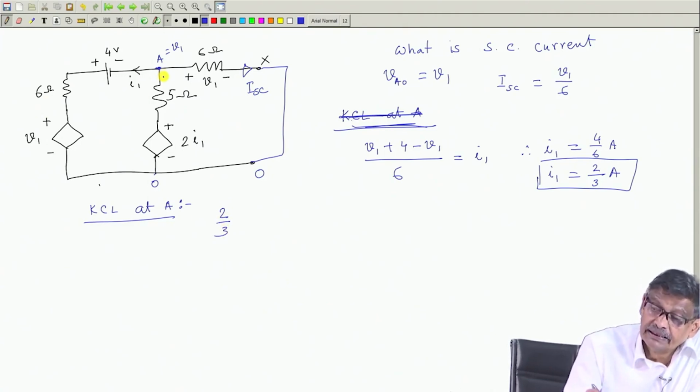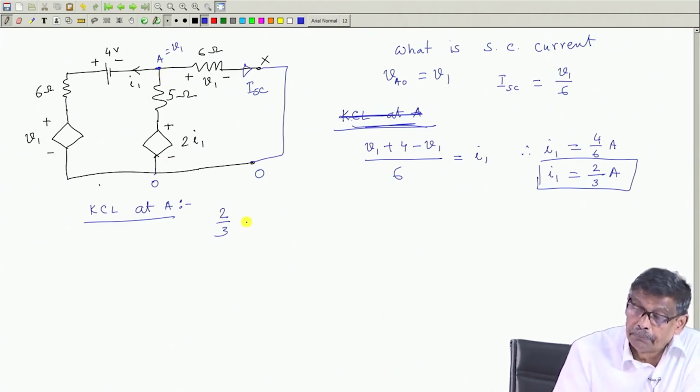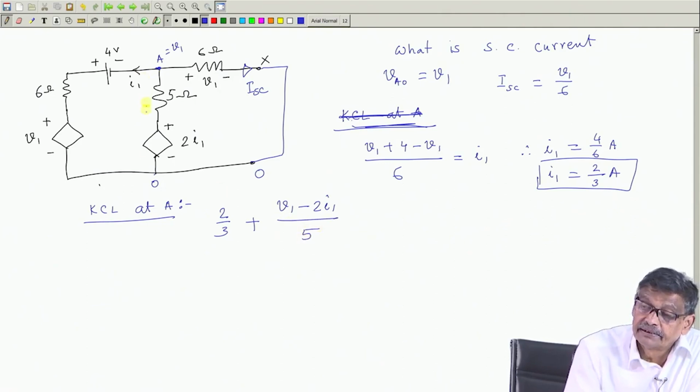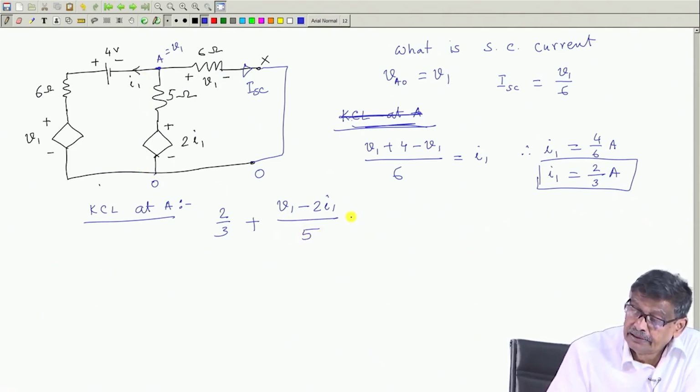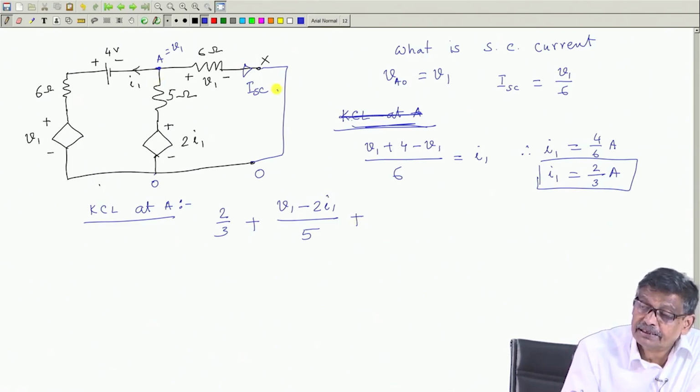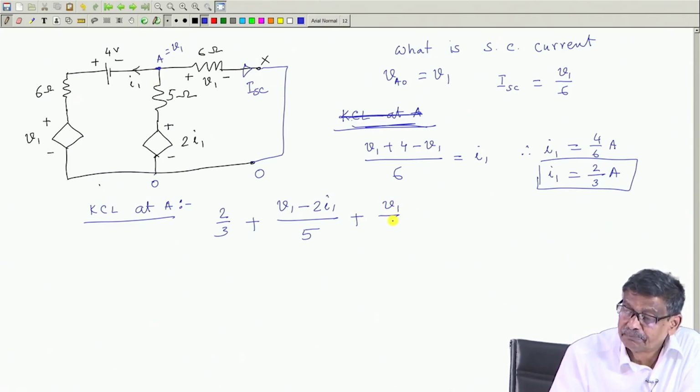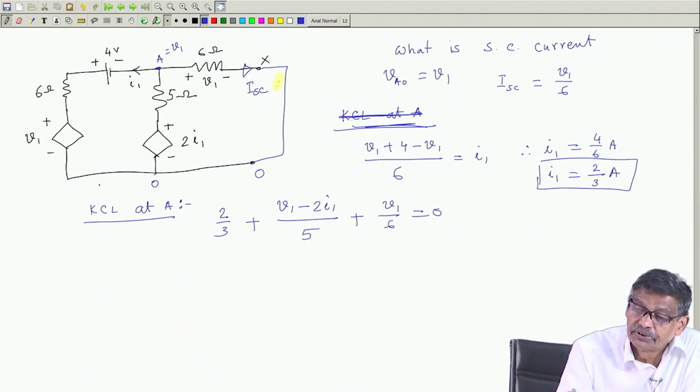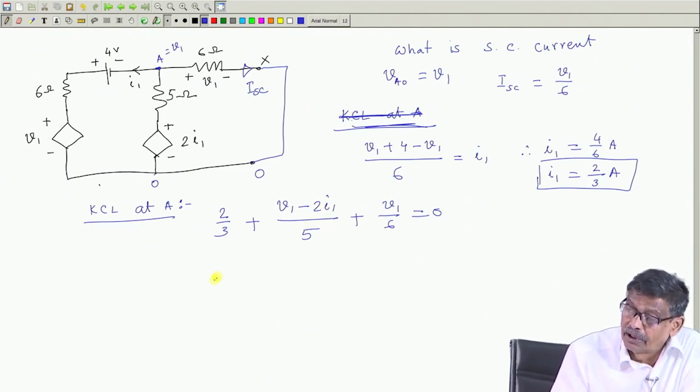KCL, current in this branch, this will be plus V1 minus 2 I1 by 5 is this current, and this current is V1 by 6, and that must be equal to 0, because these two are shorted. So, the voltage is V1. But I1 is known, I1 is 2 by 3 ampere.